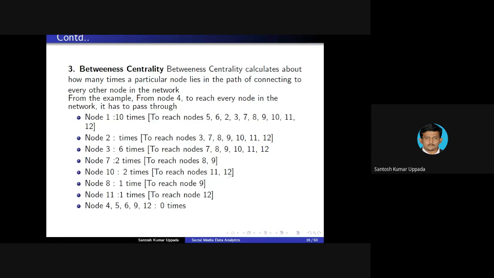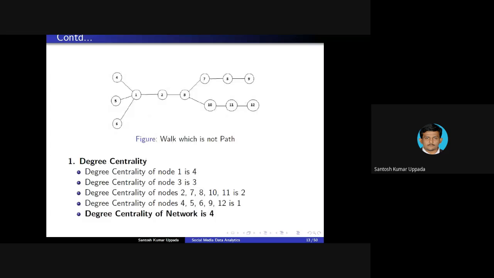And for calculating betweenness centrality, we will be counting how many times a particular node is touched upon to reach other nodes. If I take the same network, if I want to reach 9 from 4, I'll be calculating how many times 1 is touched upon, how many times 2 is touched upon, 3, 7, and 8 are touched in order to reach from 4 to 9.